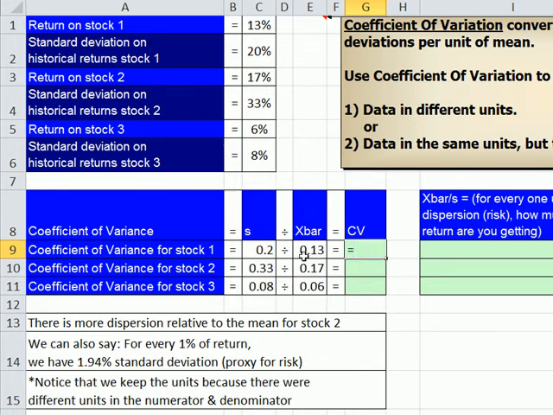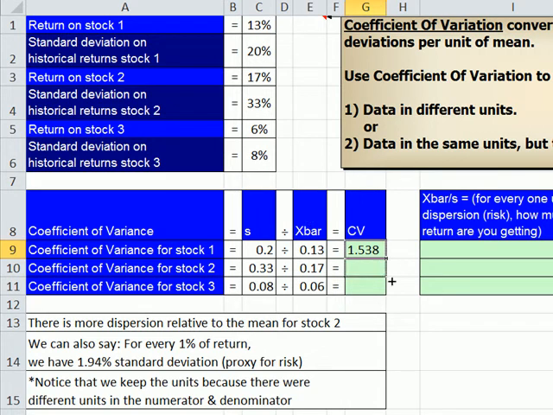So I'm going to say equals, and it's sample standard deviation divided by this. Now we're doing division, so the result is 1.58. 1.58 for every 1 unit of estimated x bar return.